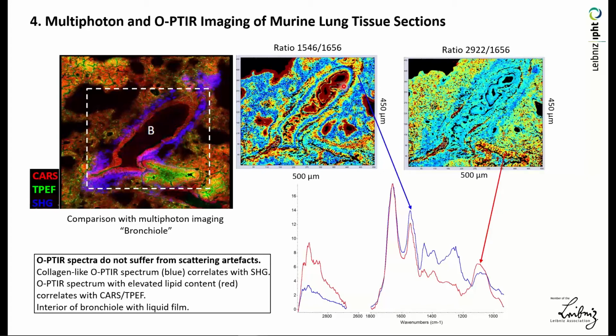In the O-PTIR image here, the interior of this bronchiole is filled with dried material, and this is quite weak in this O-PTIR image. And probably the sensitivity is higher with the O-PTIR imaging approach.